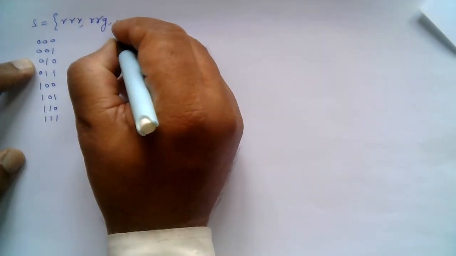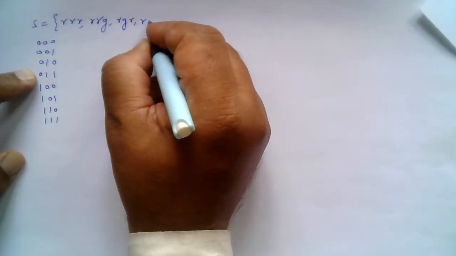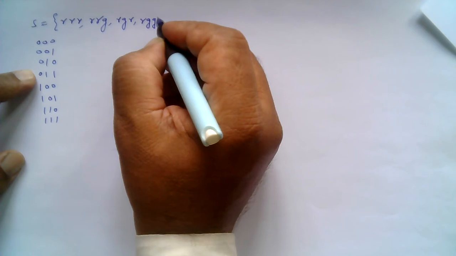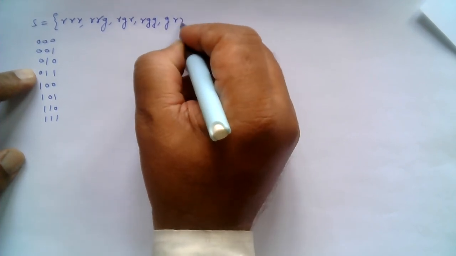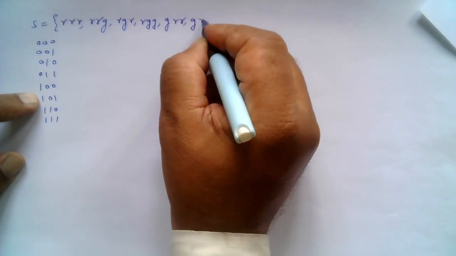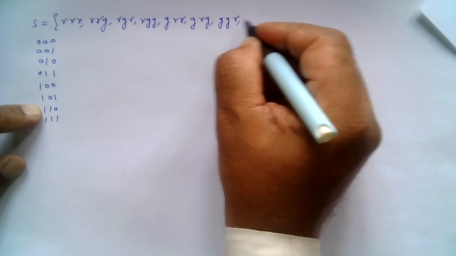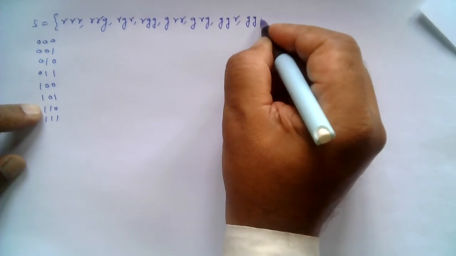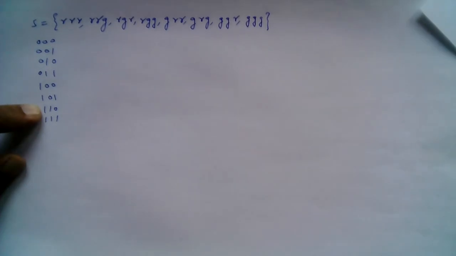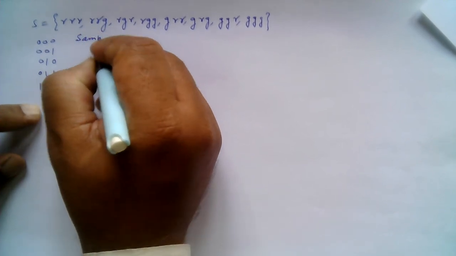So for example, this will be RRR, RRG, RGR, then we have RGG, right, then we have GRR, right, then we have GRG, we have GGR, and then all green. So this is the sample space of our experiment.